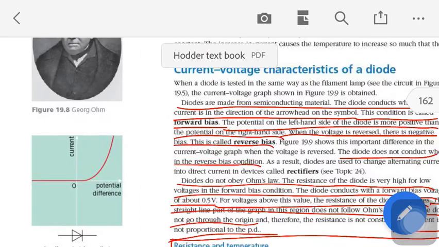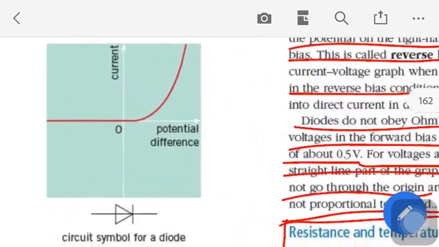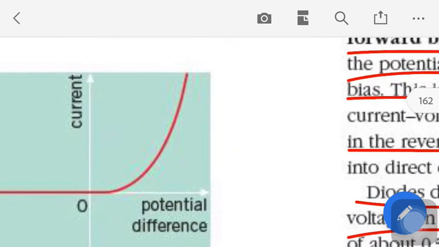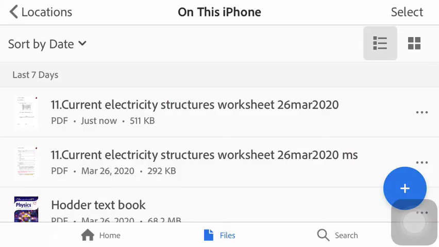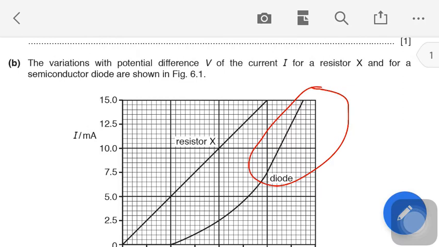So this is the IV characteristic graph for a diode. So you can see the resistance here continuously decreasing, because the gradient is continuously increasing, and the gradient denotes the inverse of resistance.